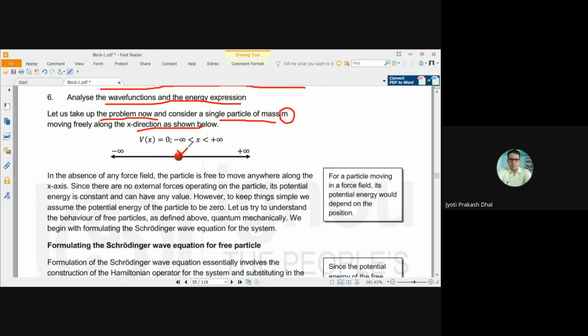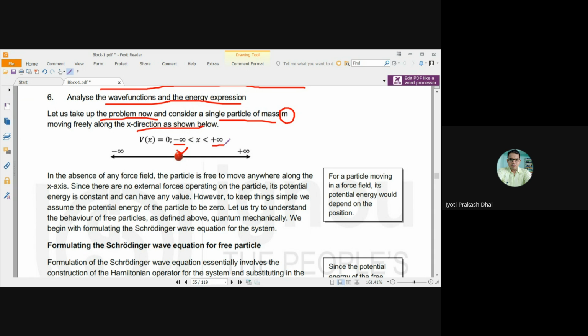So this is the particle with mass m that will move freely in the x direction. As it moves freely in the x direction, the distance traveled by the particle will be from minus infinity to plus infinity. That means the value of x ranges from minus infinity to plus infinity along the x axis.